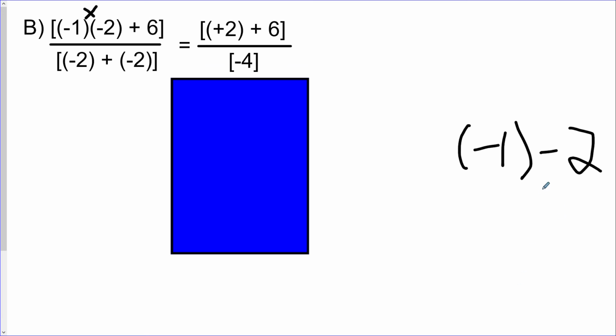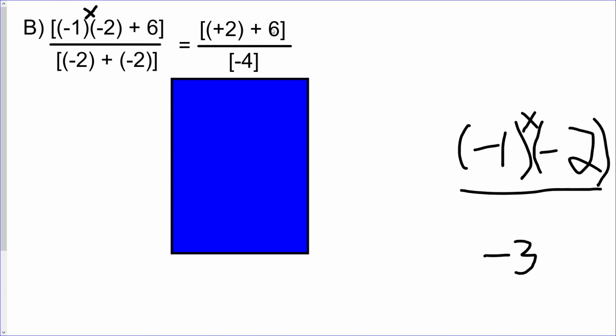When there are no brackets, this over here would be treated as negative 1 subtract 2, and the answer to that would be negative 3. But when it's all in brackets like this, it means you're multiplying them together. I hope that's clear, just so that you're more comfortable with what you're going to see.